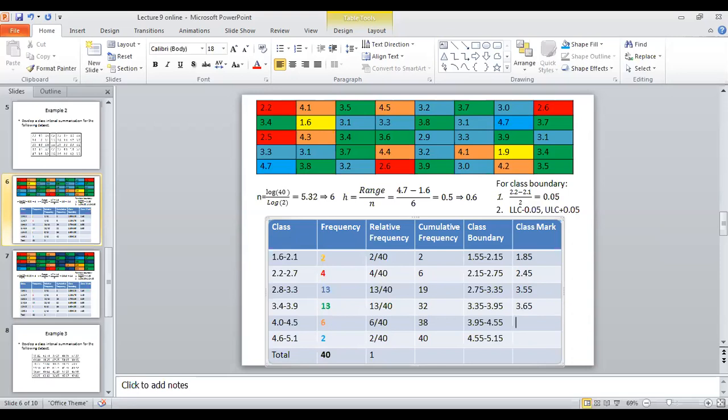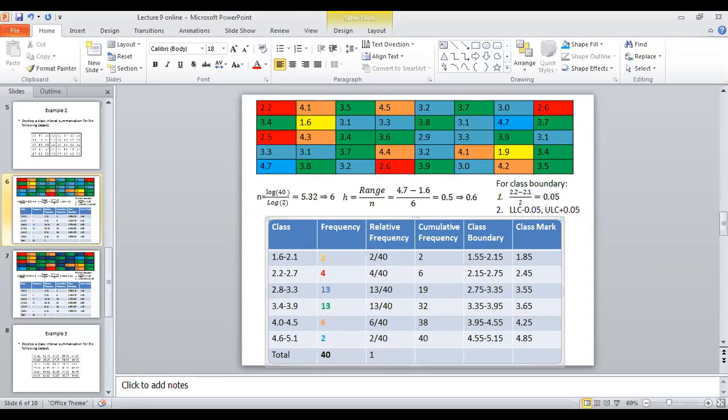For the second last class, 4.0 plus 4.5 divided by 2, we get 4.25. And for the last class, 4.6 plus 5.1, divided by 2, we get 4.85. So this completes our class interval table, the summarization of the data set that was given to us, and I hope this is understandable to you.